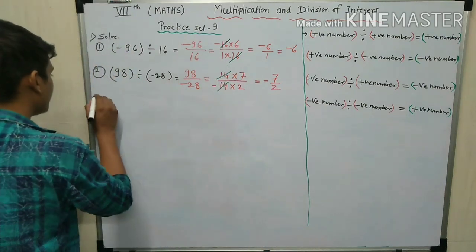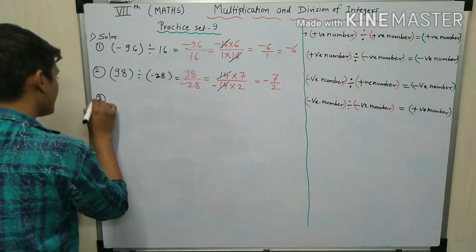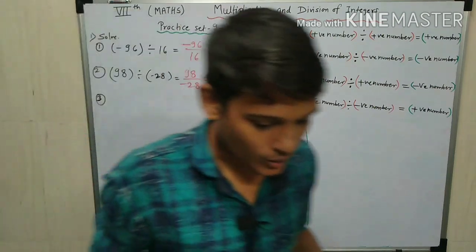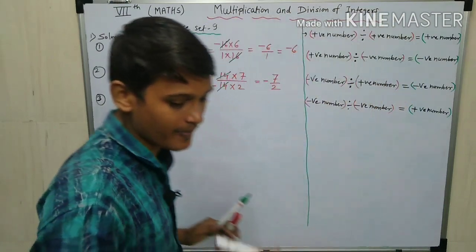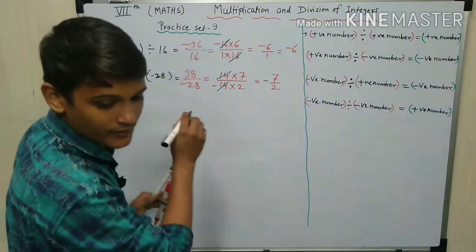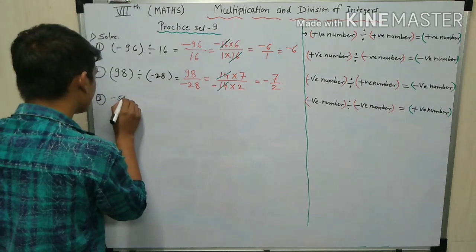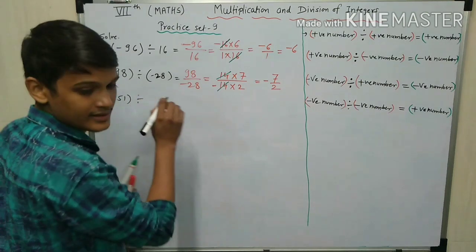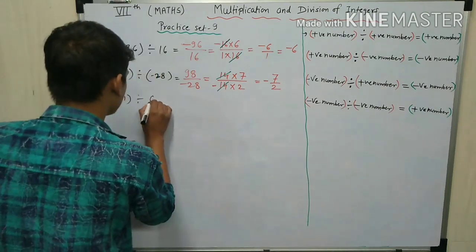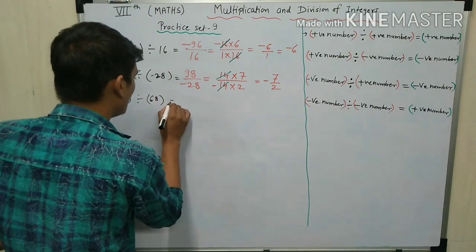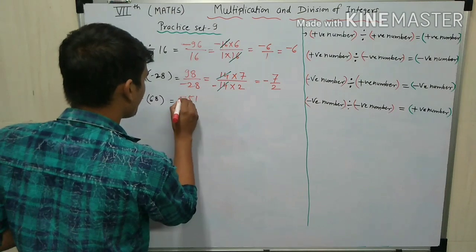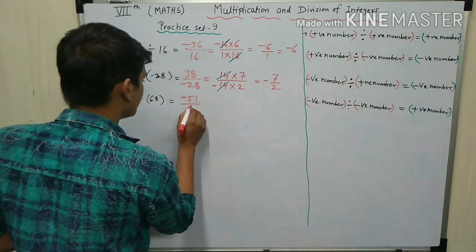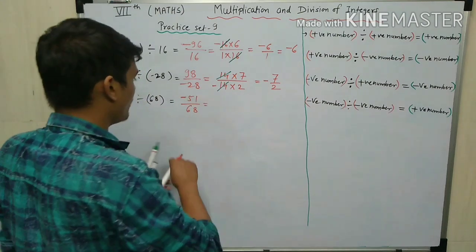Now third question is minus 51 divided by 68. Minus 51 divided by 68 is equal to what? We can write here first minus 51 upon 68 is equal to what?